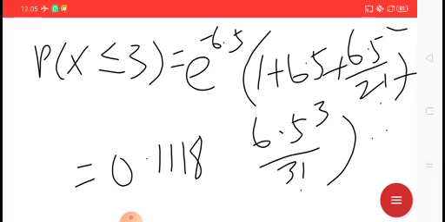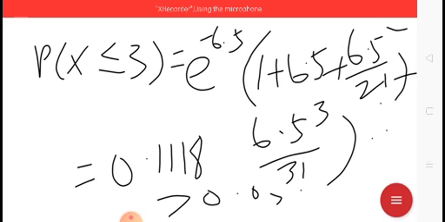So once you have this, you need to compare to the 5% significance level. So 5% significance level means 0.05. So this value is larger than 0.05.